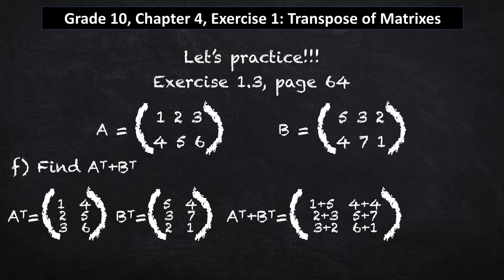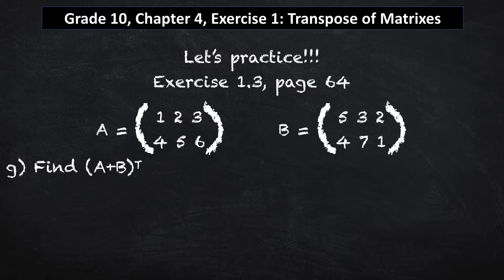In the same way, the element 1, 2 will be the sum between 4 and 4, because 4 is the element 1, 2 of the matrix transpose A and 4 is also the element 1, 2 of the matrix transpose B. And then in the next step we compute the sum, and so at the end the sum between the matrix transpose A and transpose B is a 3 by 2 matrix that has the elements 6, 8, 5, 12, 5, 7.